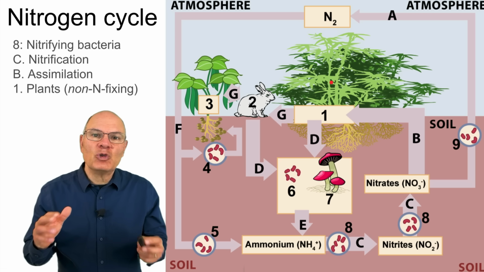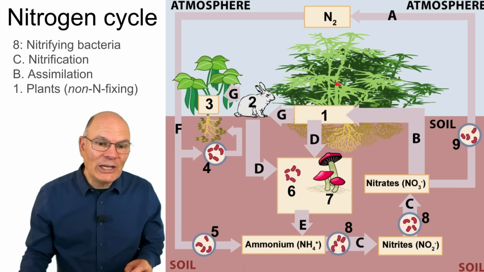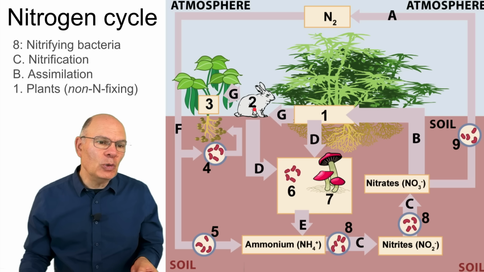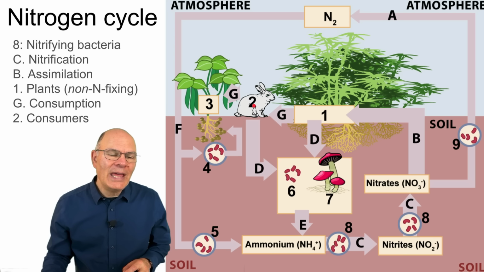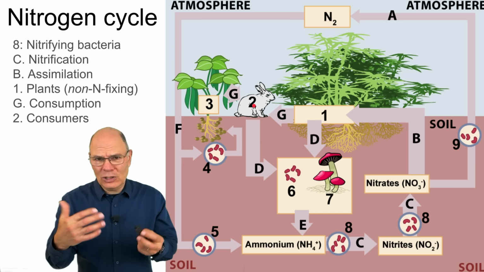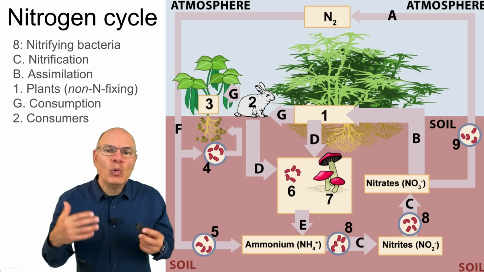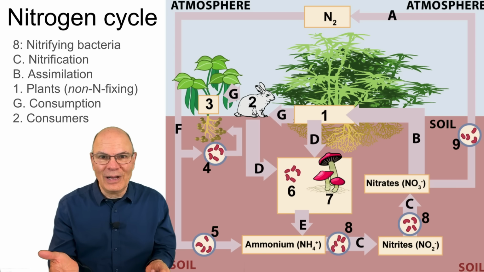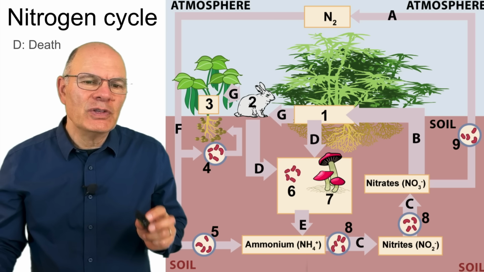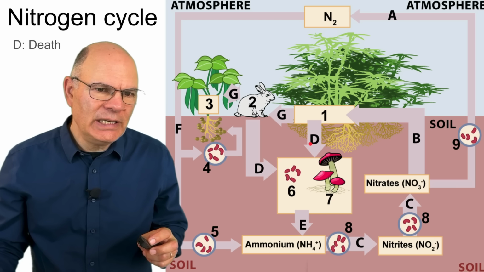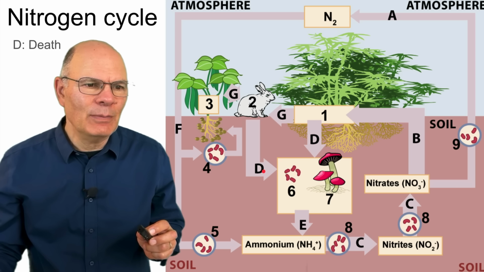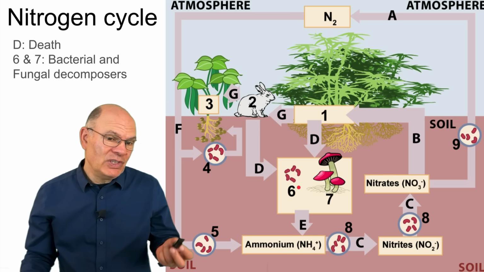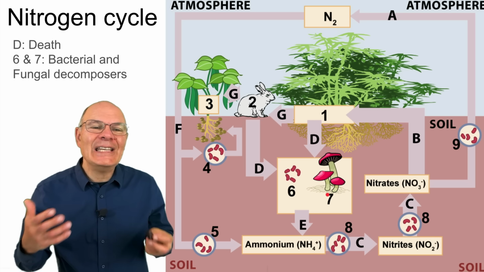At this point, we can see a transfer of nitrogen from both non-nitrogen fixing plants over here and nitrogen fixing plants going to consumers. So that's consumption, and that takes the nitrogen into animals like you and me, and that's how we get the nitrogen so that we can build our amino acids, our nucleic acids, etc. When either plants or animals die, which is indicated at letter D for plants and D for animals, then their remains will pass to bacterial 6 and fungal 7 decomposers.